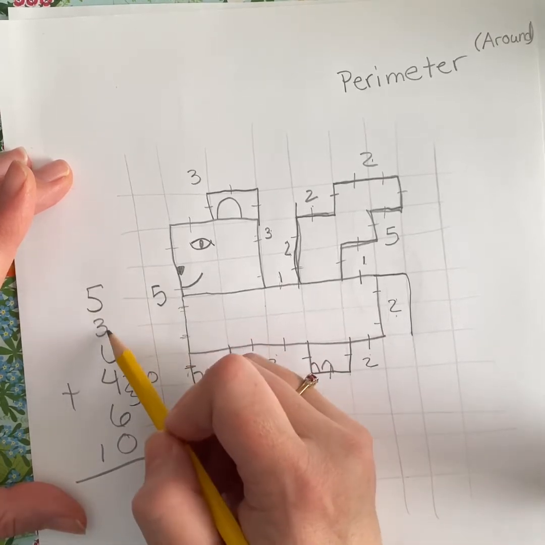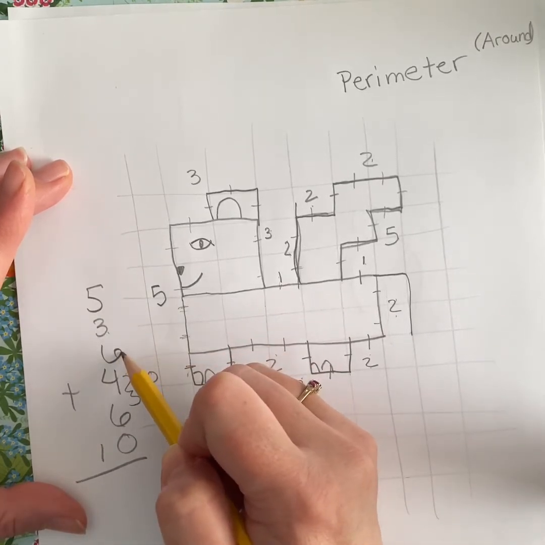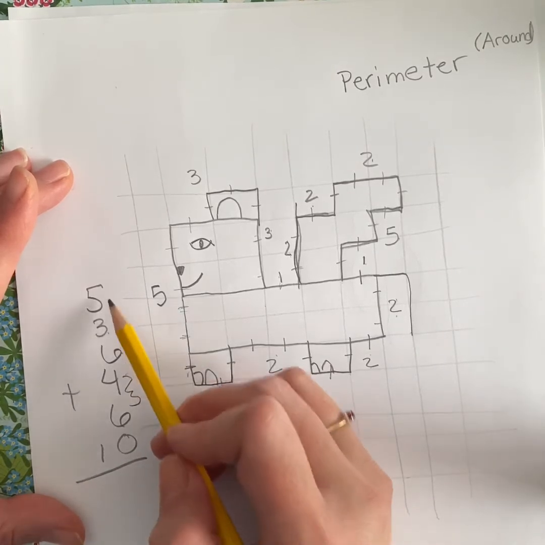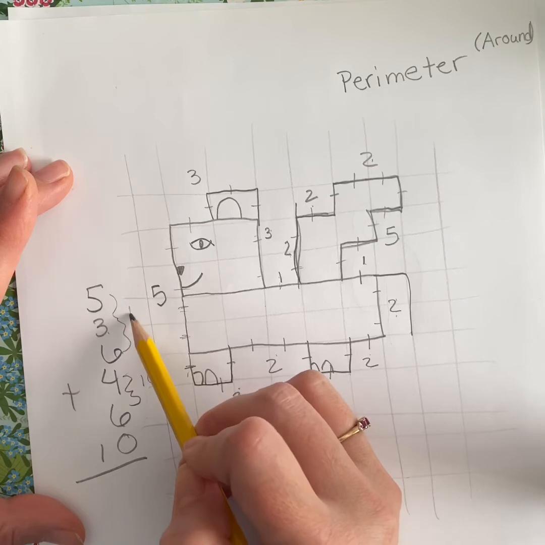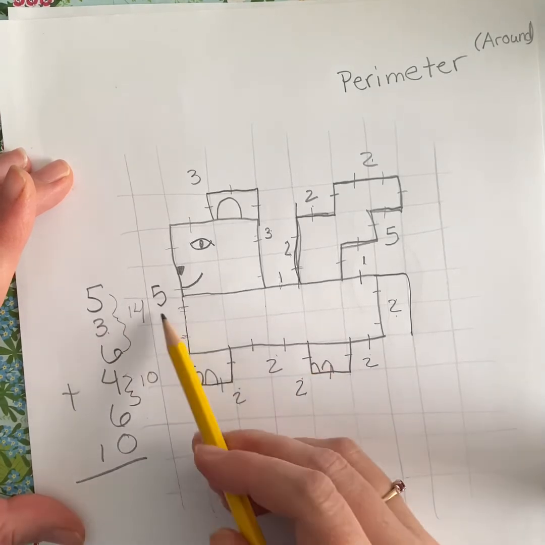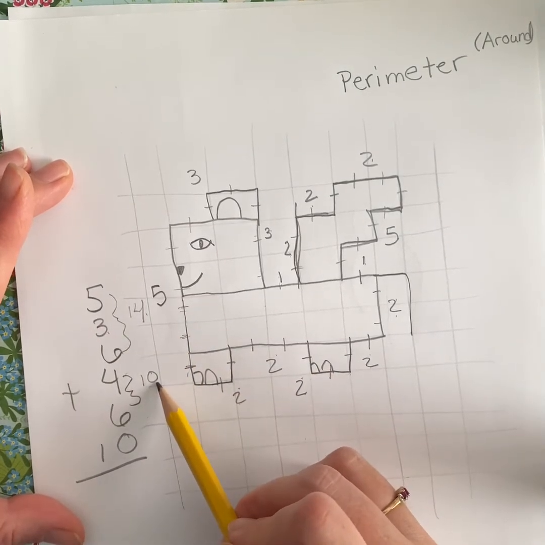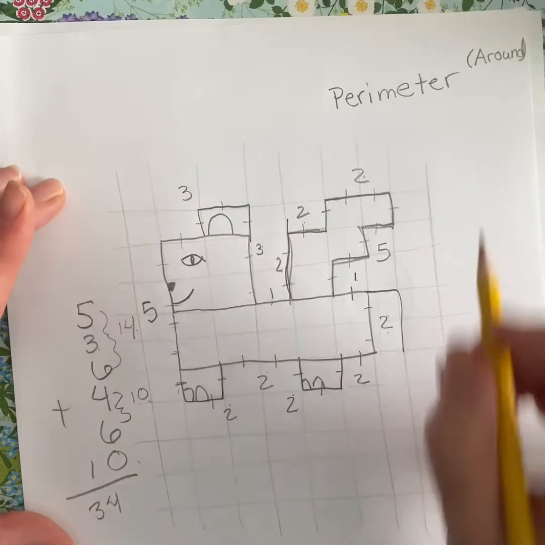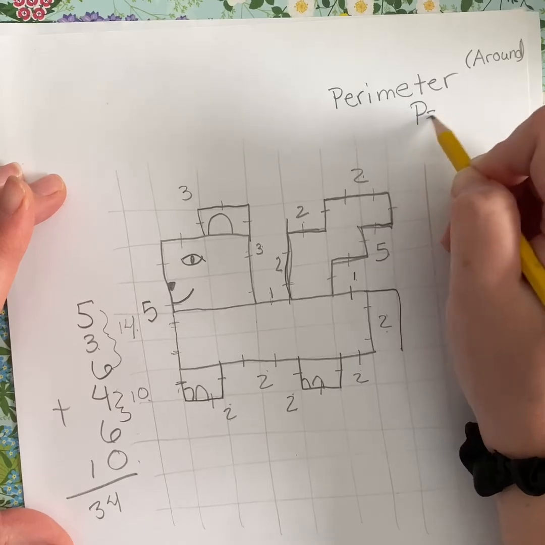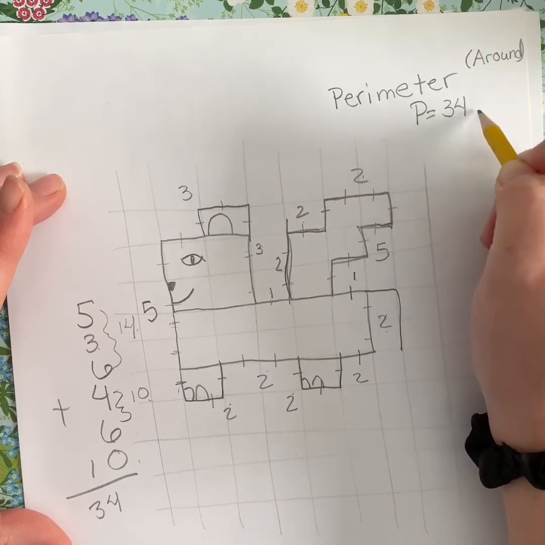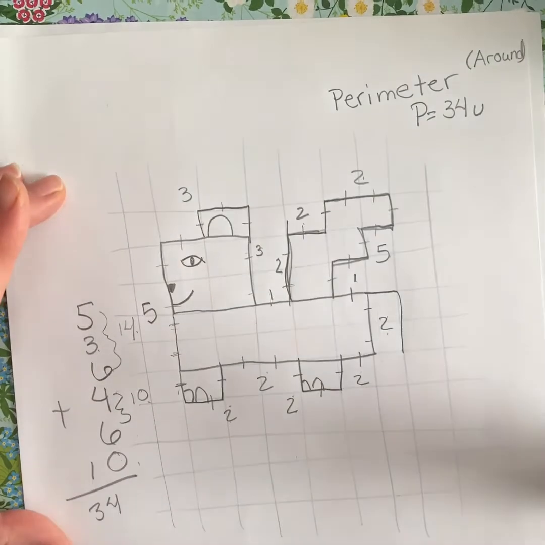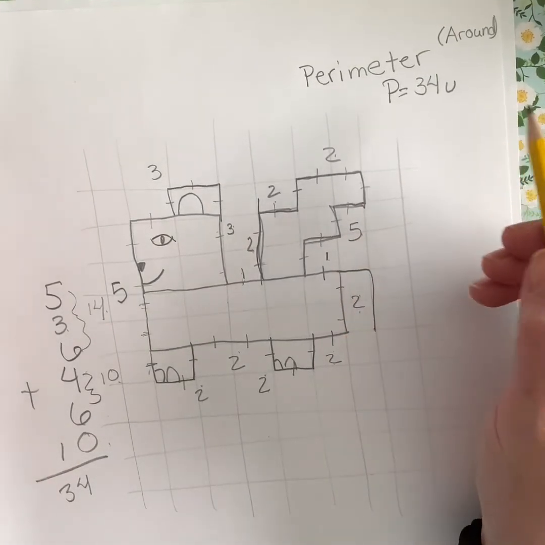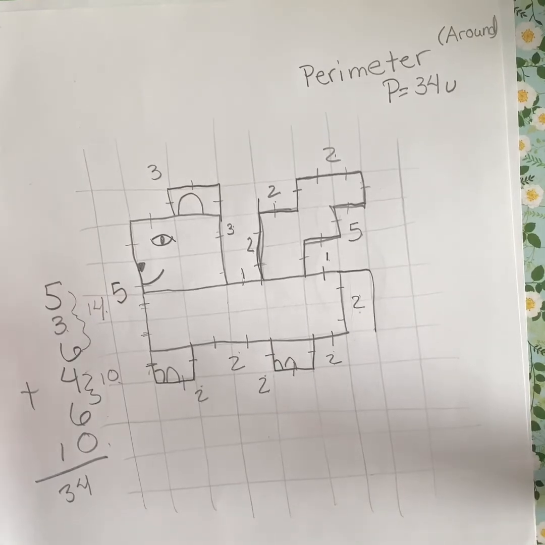And then we have 8 plus 6 is 14. 14 plus 10 is 24, plus another 10 is 34. So my perimeter equals 34 units. Okay, because each of these lines is a unit because we don't have the actual measurements.